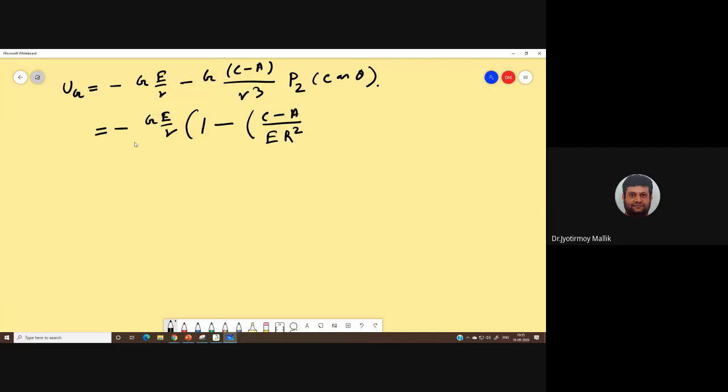Here capital R is the radius of the earth, thinking it to be a perfect sphere. So, capital R by small r, whole squared, P2 cos theta. Let me just close all the brackets.